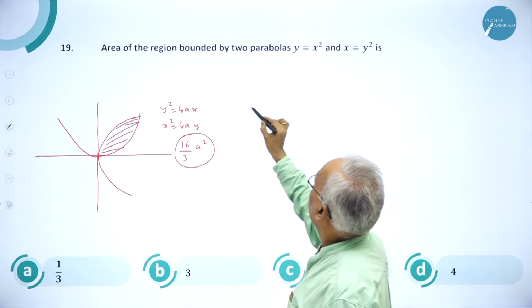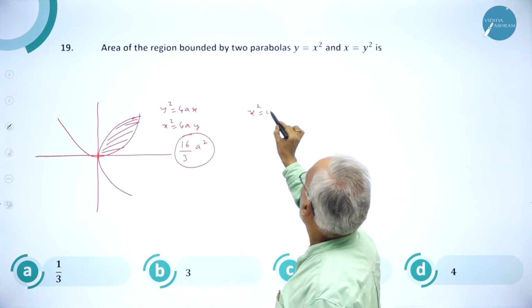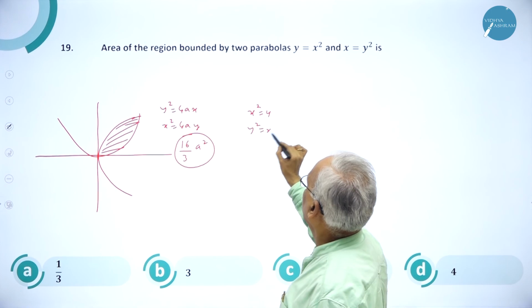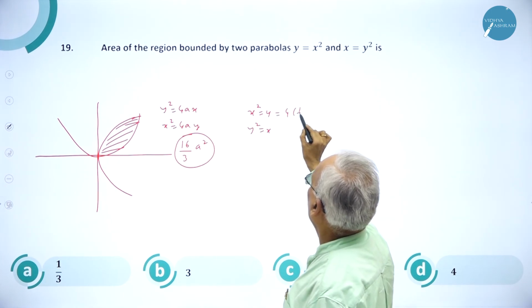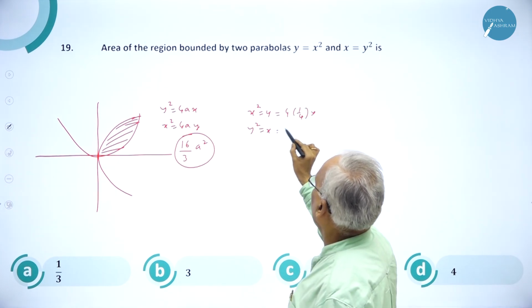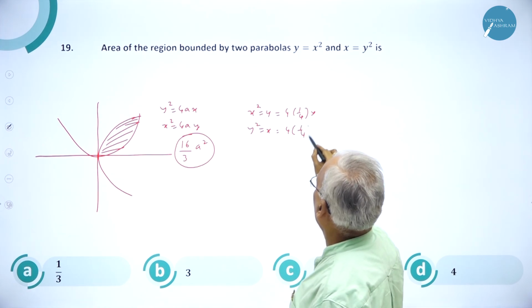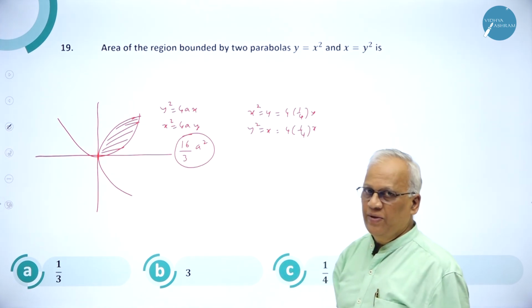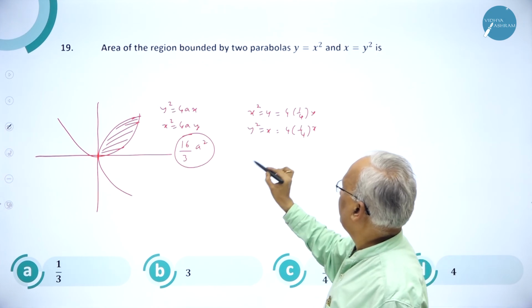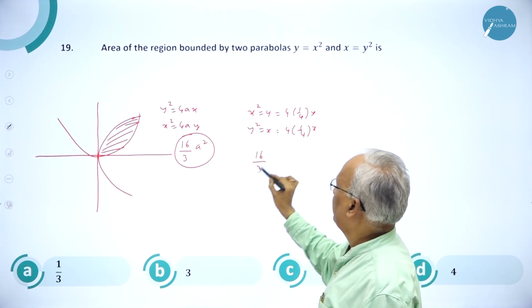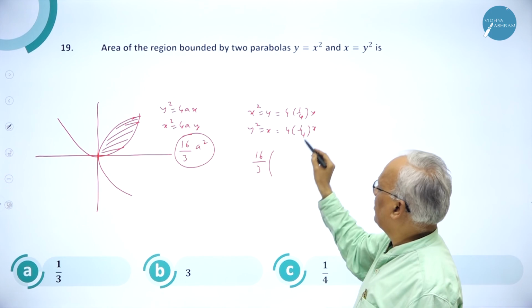So in this case, x squared equal to y and y squared equal to x given, I can write it as 4 into 1 by 4 into y. Here 4 into 1 by 4 into x. Both are in that form. Therefore, area is given by 16 by 3 into a squared. Your a is 1 by 4 here.